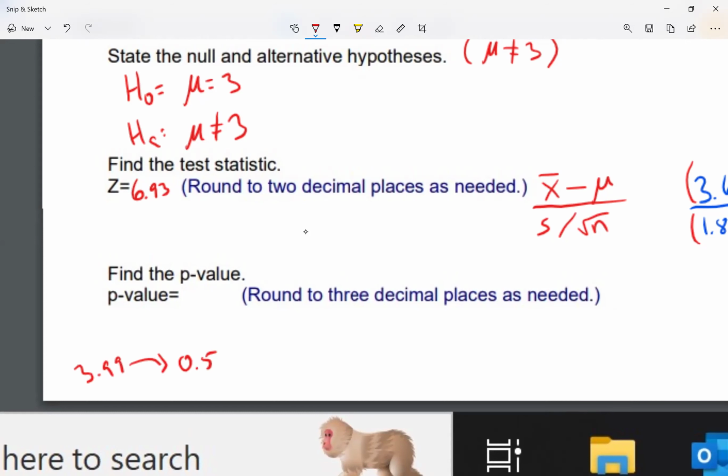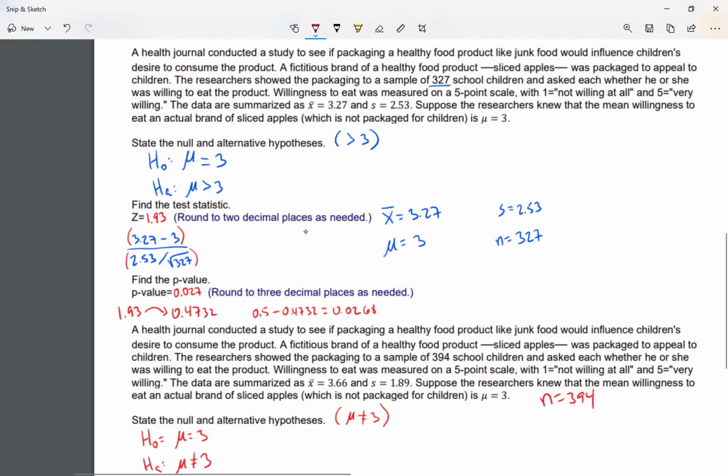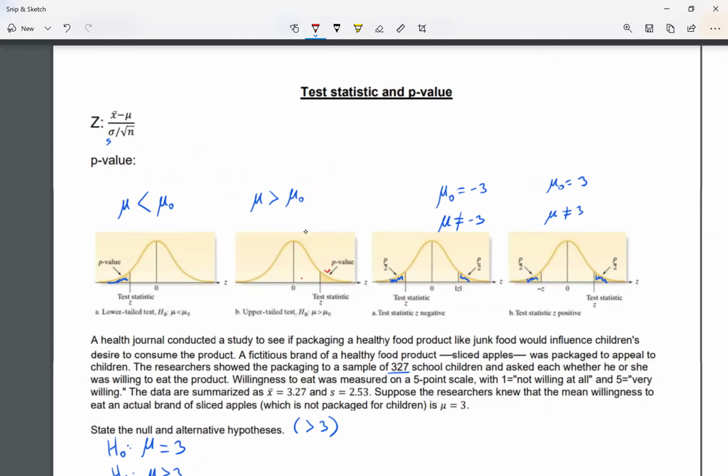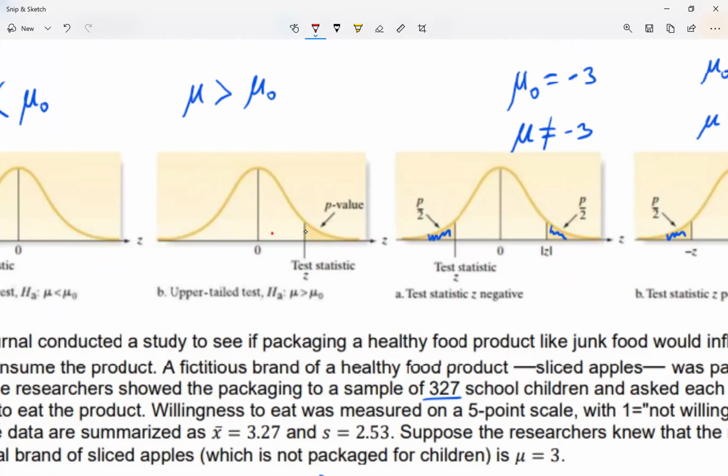Okay. But let me show you guys something here. So when my z-score was 3.99, this space is 0.5. Right? The shaded area is 0.5.